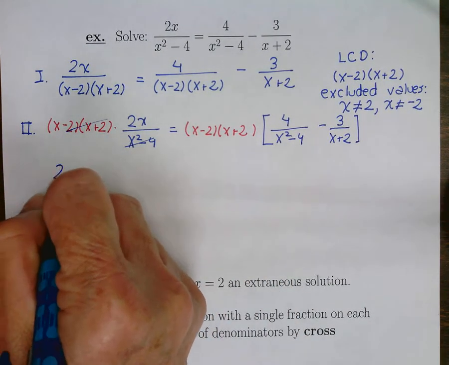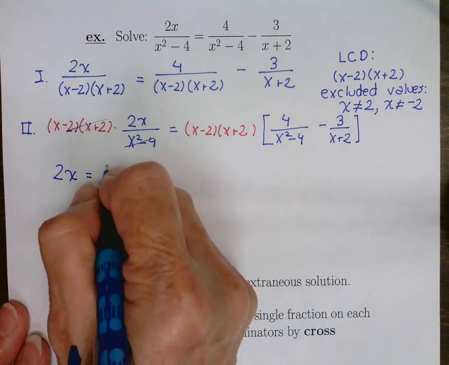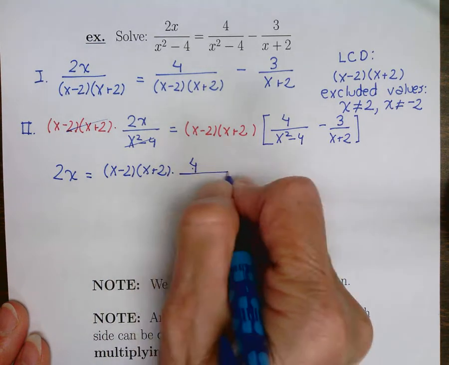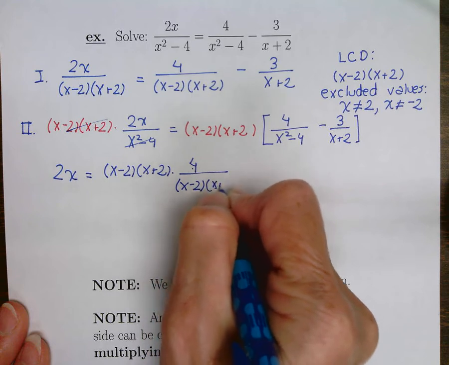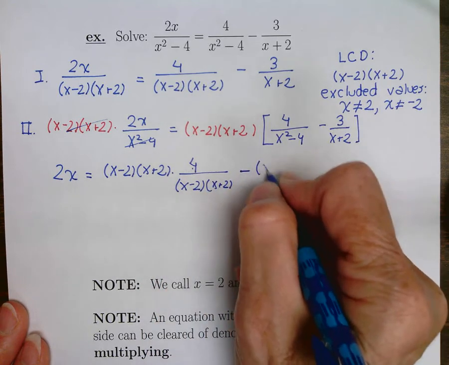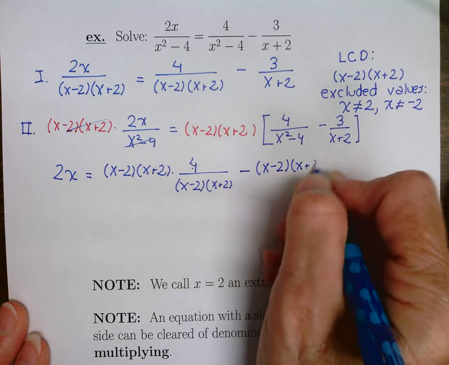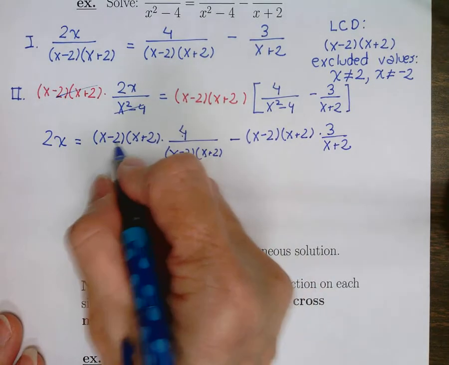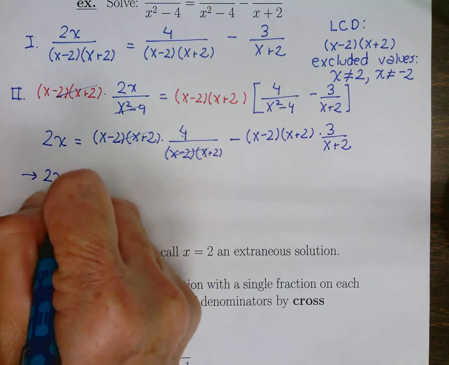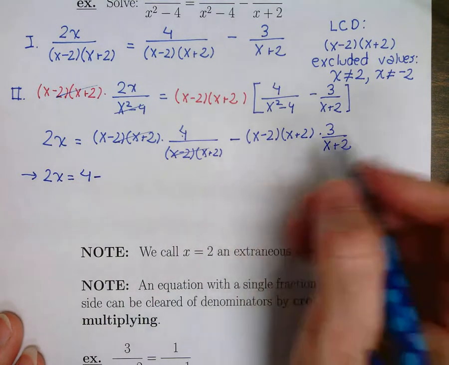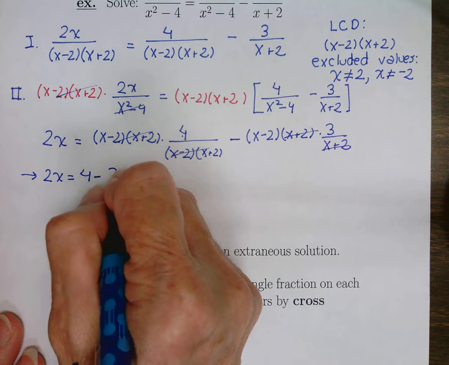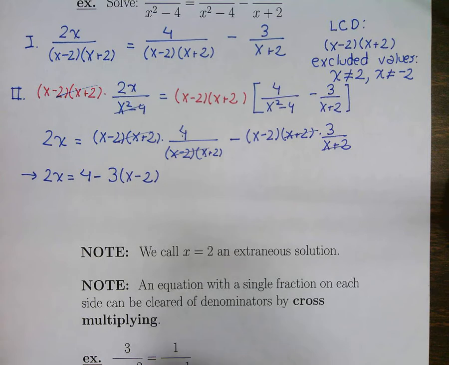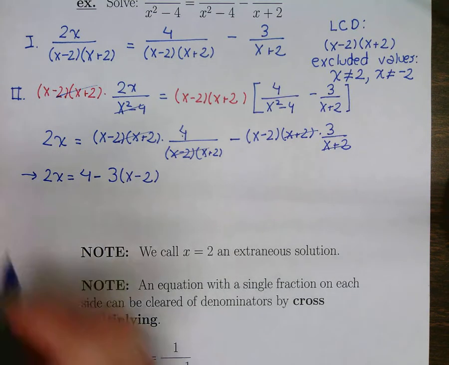So the left-hand side just becomes 2x, and I have x minus 2, x plus 2, and don't forget, each term has to be multiplied through by the LCD, and we do have a cancellation, and I'm left with 3 times x minus 2. Okay, again, I've cleared the fractions, but I may have also introduced an extraneous solution.